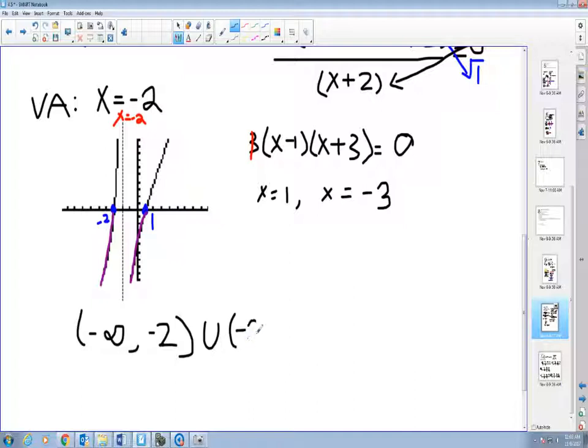So that'll be from negative 2 to 1. So the negative 2 is a parenthesis because that's a vertical asymptote. The negative 2 and 1 are using parenthesis because there's no equal to. That's a little arrow. From here to here is where the graph is below the x-axis. So that would be your interval notation for the solution.